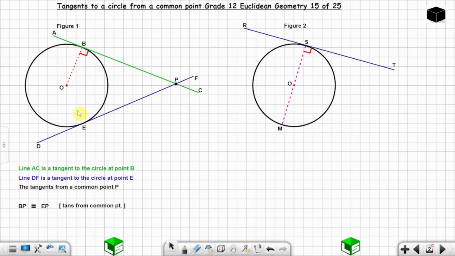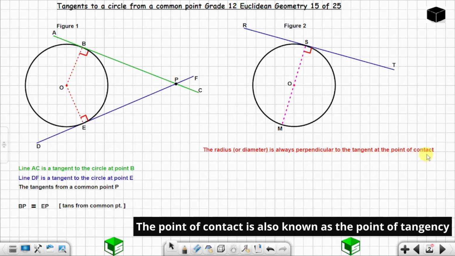You can draw another diameter or another radius from this point of contact. So again, this angle is 90 degrees. So the radius or diameter is always perpendicular to the tangent at the point of contact. Okay, 90 degree angles.